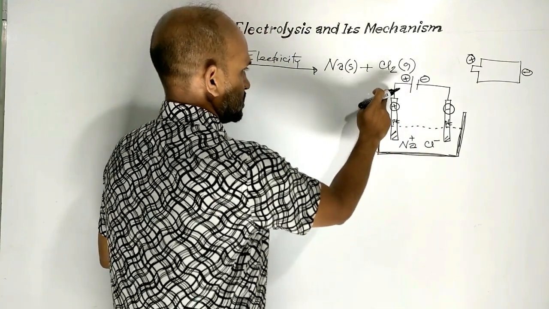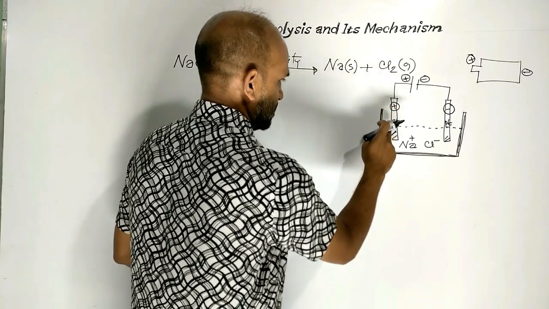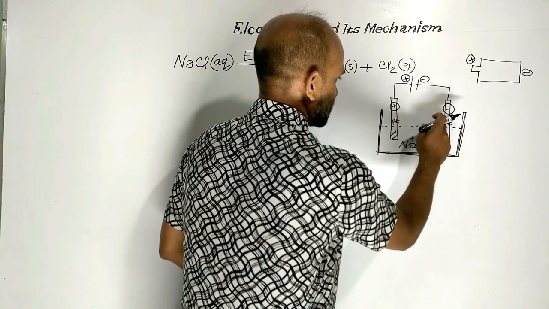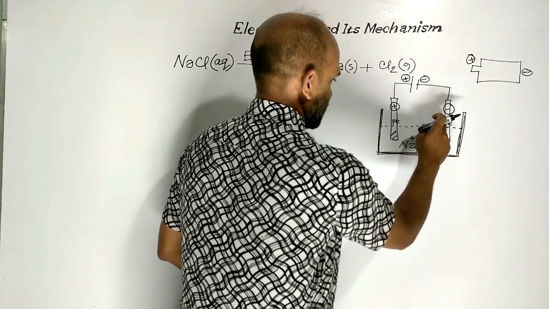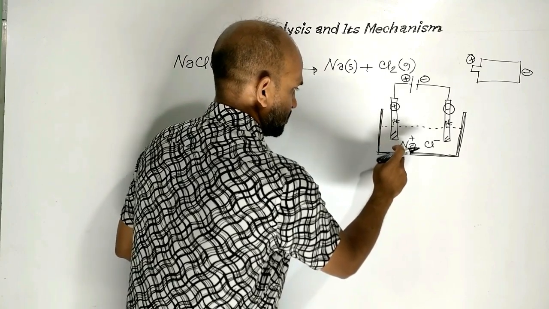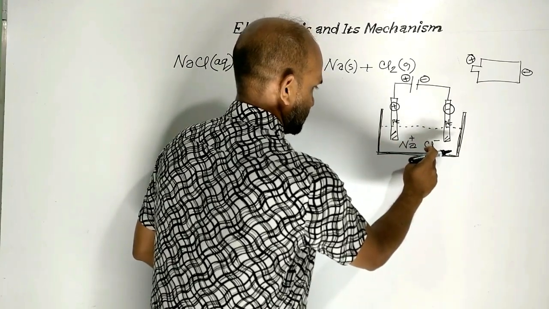Now, the circuit is complete, and the solution contains positively charged ions and negatively charged ions.